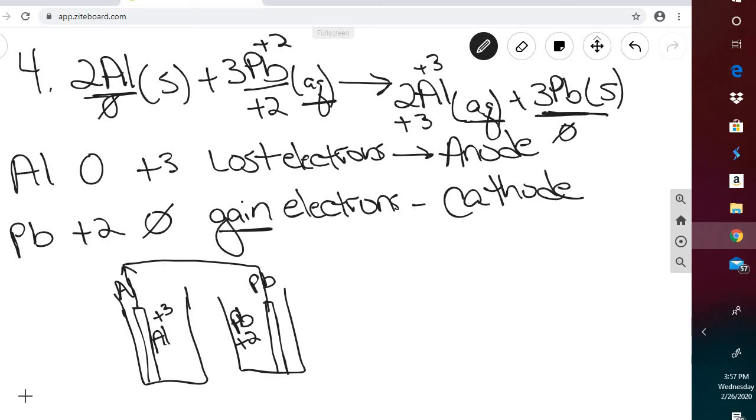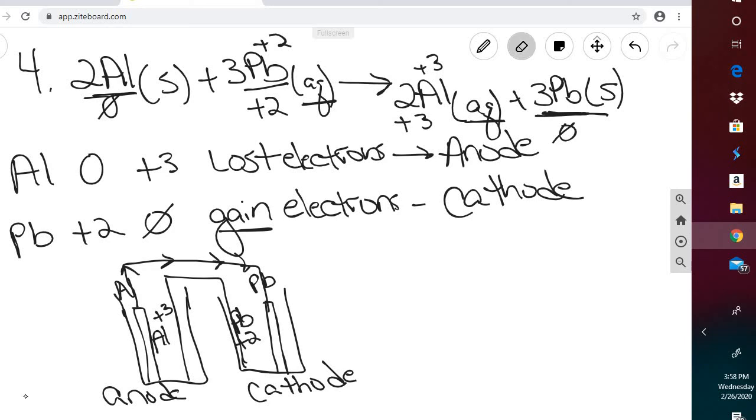So they're going to flow this way. They're going to leave the anode and go to the cathode. So this is the anode. This is the cathode. And then you just need to draw your salt bridge. Okay, so the salt bridge will be like that so that the charges can be replenished as electrons leave the anode and go to the cathode. Okay, so that's number 4A.